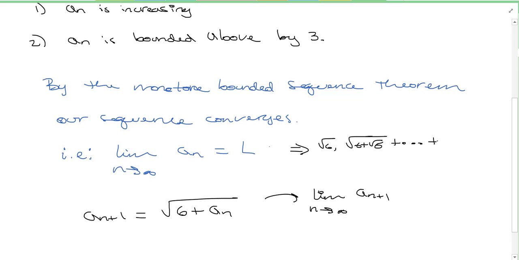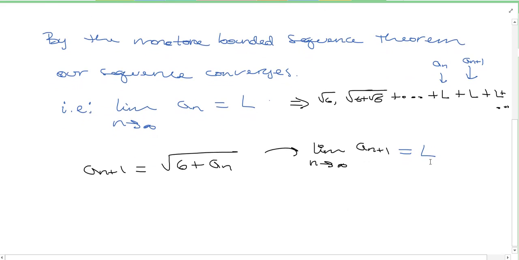Eventually, you're going to have plus L, plus L, plus L forever. And so, say this is a sub n, the nth term or the kth term, then this is the next term, so that's also L.